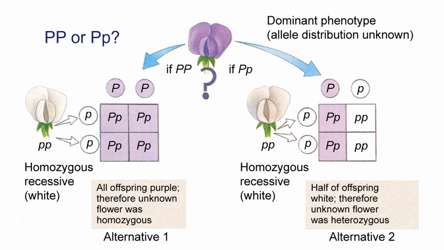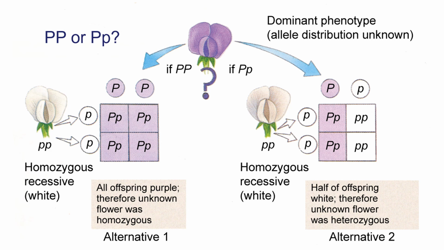So if we have an unknown individual and that unknown individual turns out to be homozygous dominant, and we cross that with a homozygous recessive individual, we will get all heterozygotes and they will show the dominant trait, purple in this case.